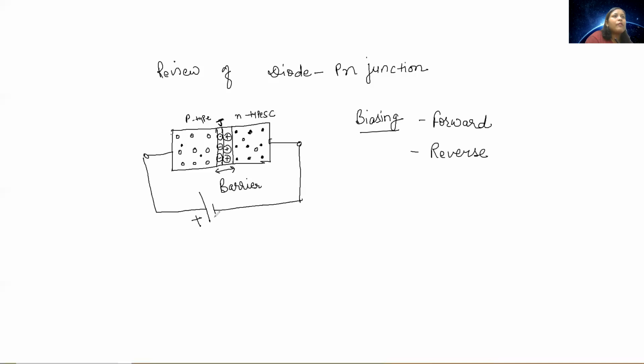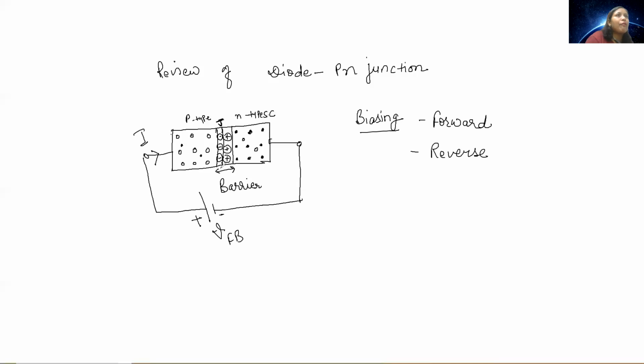Forward biasing is obtained by connecting the positive terminal of a battery to the p-type material and the negative terminal of the battery to the n-type material. By doing so, we get a sufficient magnitude of current through the device.